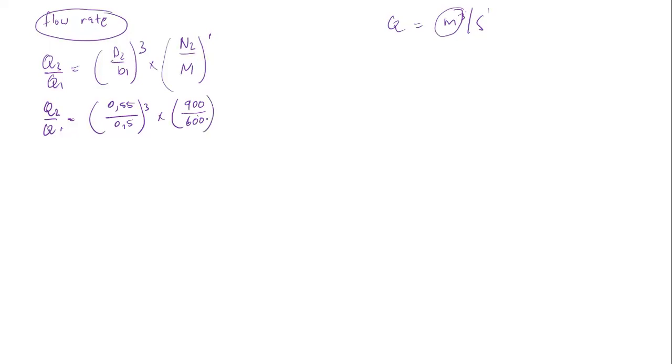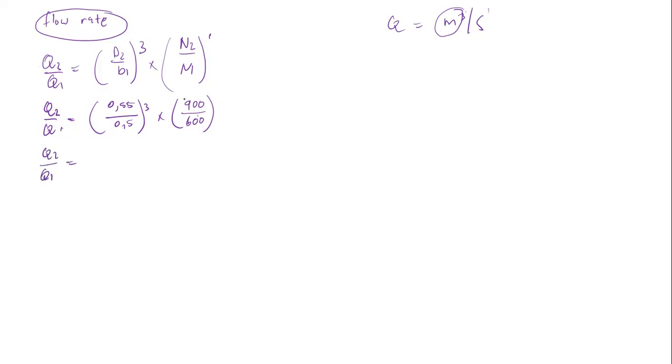Even if you do not convert that, you're still going to get the same answer at the end of the day because you are dividing. So it's still fine. Now here we have Q2 over Q1.